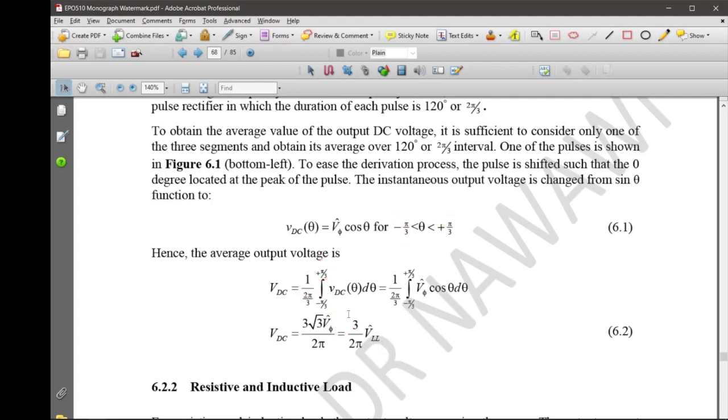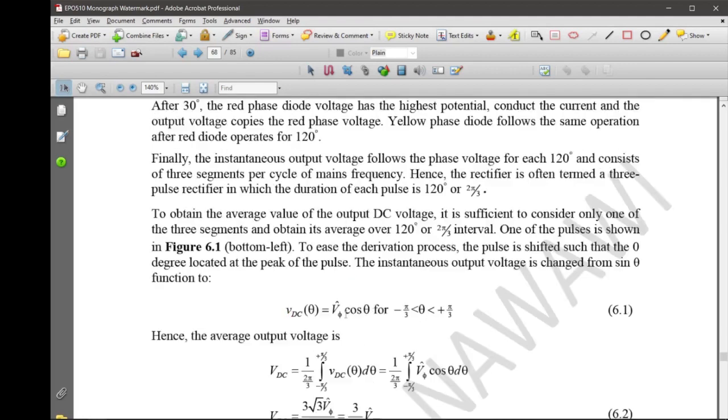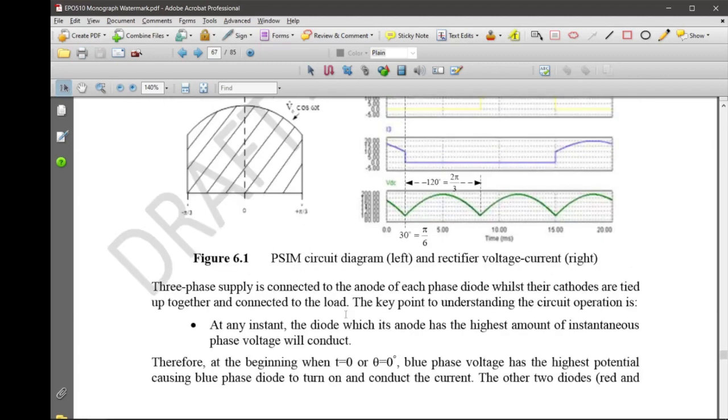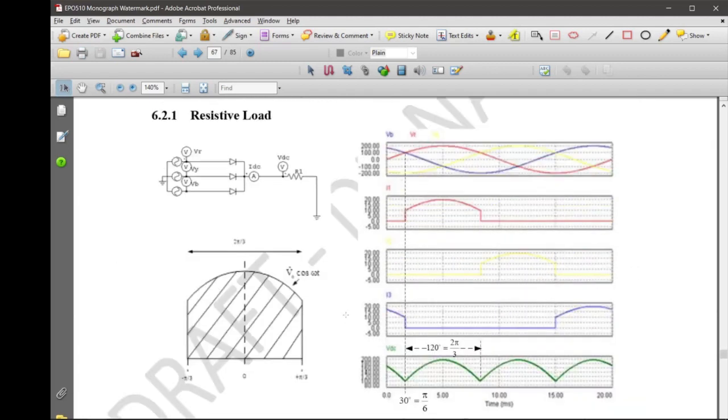Or you can write it in terms of phase voltage: 3 root 3 V peak phase over 2 pi. This is the average output voltage of a midpoint converter when the load is a purely resistive load.